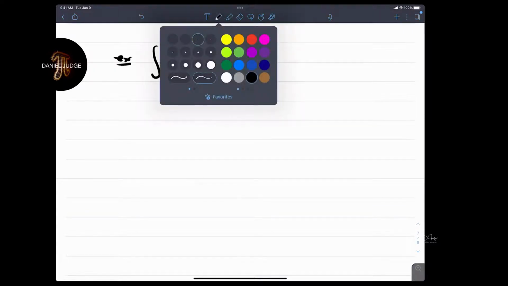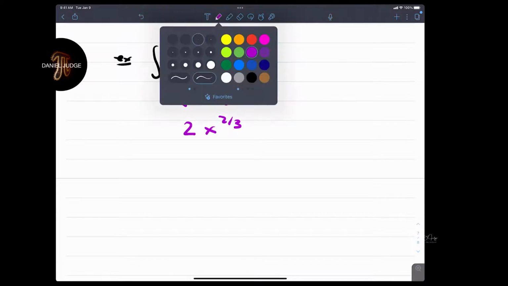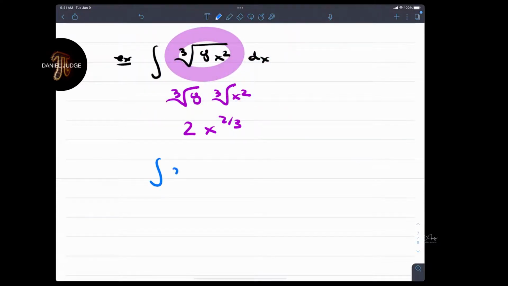Algebra. Properties. Cube root of a product is the product of cube roots. This would be x to the 2/3 power now. 2x to the 2/3 dx.